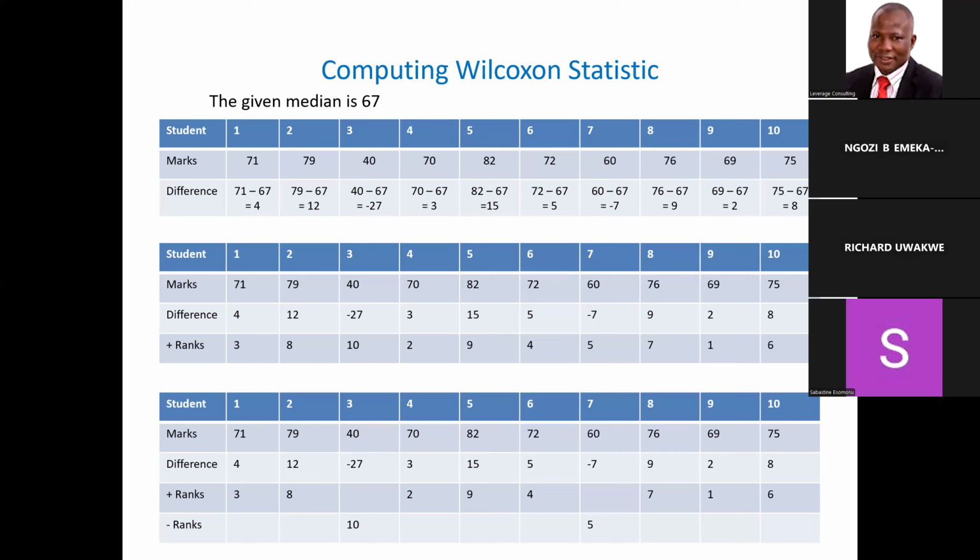What is their rank? This 27 is rank number 10, and minus 7 is rank number 5.